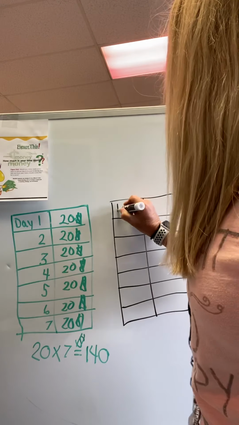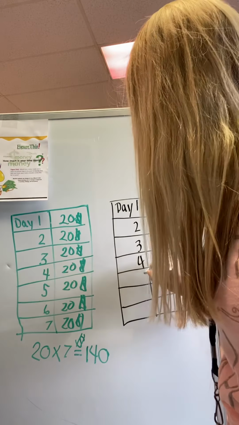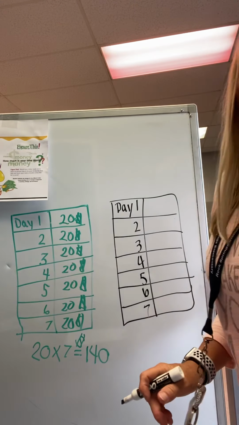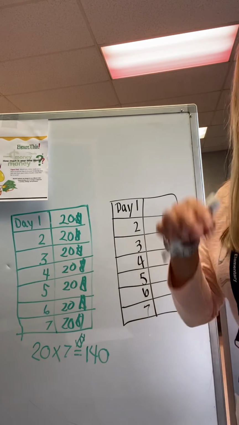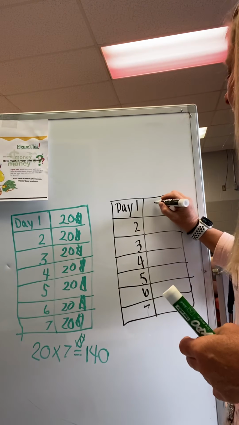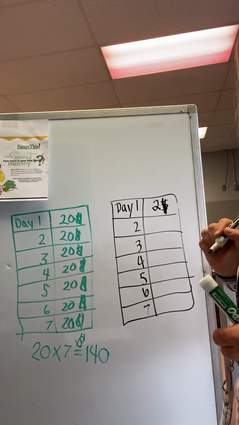So if I make this same graph with our 7 days, day 1 through 7, our rule for this is going to be that we're going to multiply by 2 because double means multiply by 2. So on day 1, I get paid $2.